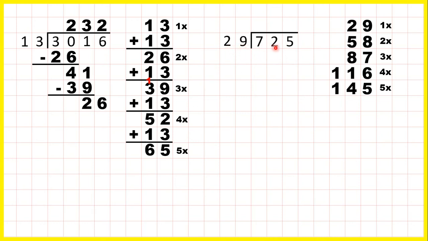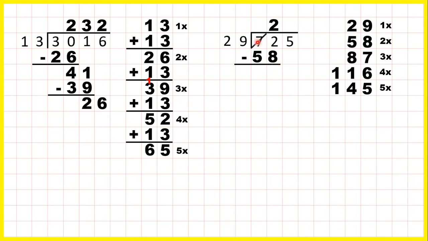Now the closest number to 72 that's still less than 72 is 58. So we write the 58 underneath, and because that's 2 times, we write 2 in our answer line. Now we have 72 minus 58.